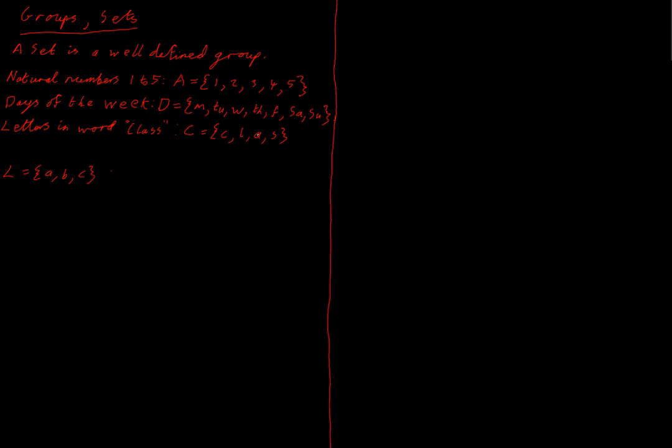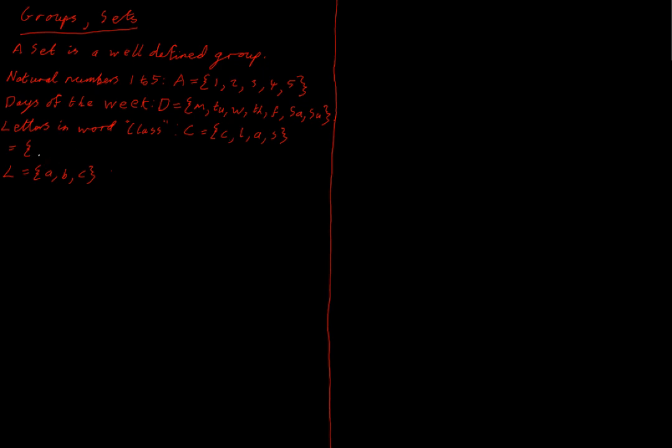Now there's an important thing we can talk about here, because as well as only writing the elements once, we also don't actually mind what order we write the letters in. If we think about what we were told as a definition, the letters in the word class, we weren't told they had to be in the same order as they were. So let's see what we could do there. Let's just muddle them around a little bit.